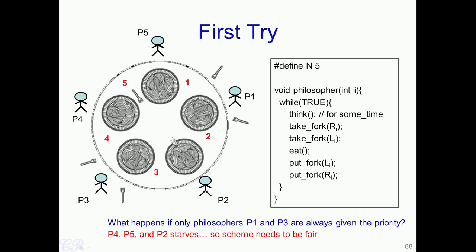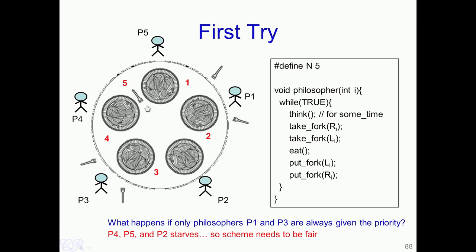So, what would happen in such a case? We will get a case where P1 eats whenever he wants and P3 eats whenever he wants, while the other philosophers P2, P4 and P5, which have the lower priority in picking the fork, will not be able to eat. For instance, the philosopher P2 neither could pick up the right fork nor the left fork, and therefore, P2 cannot eat.